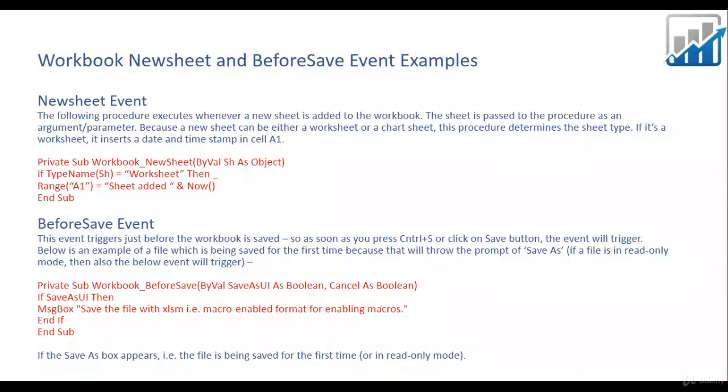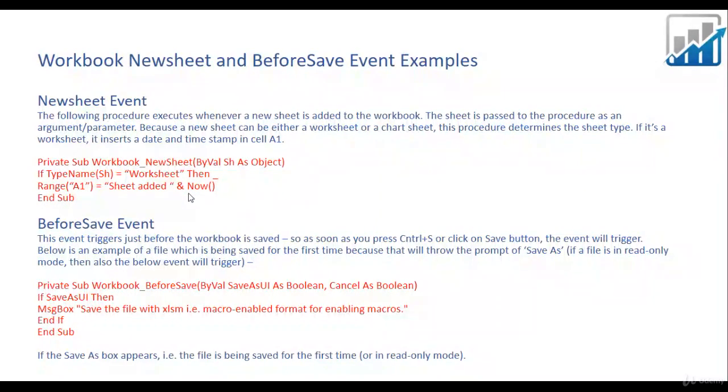So if it's a worksheet, it inserts a date and timestamp in cell A1. So over here, it is passing the sheet and it's checking the sheet using if condition and TypeName sh. If this is worksheet, then range A1 or cell A1 will have sheet added and now date.